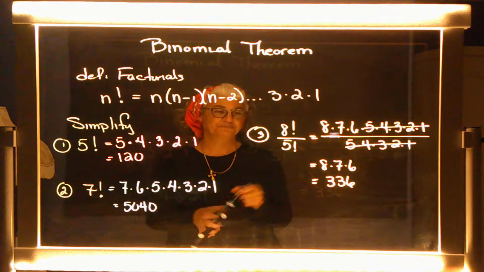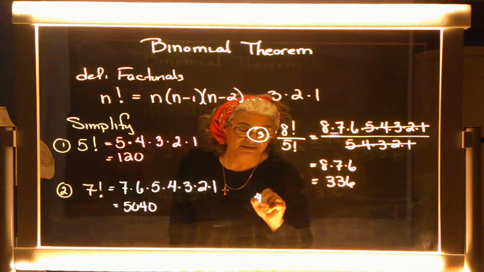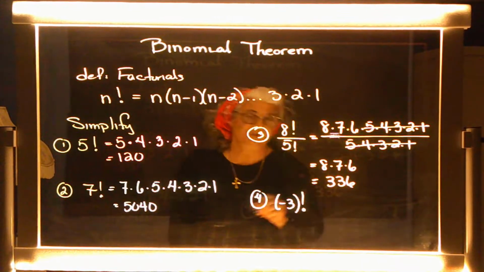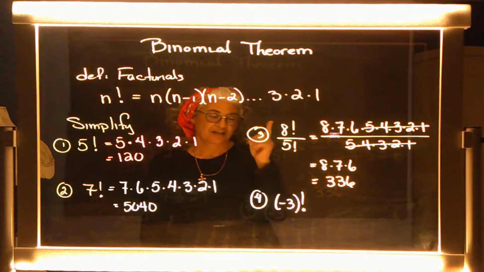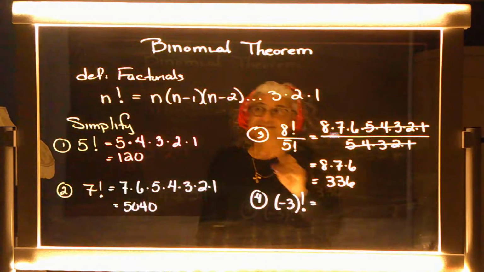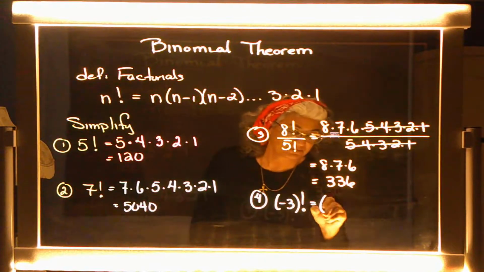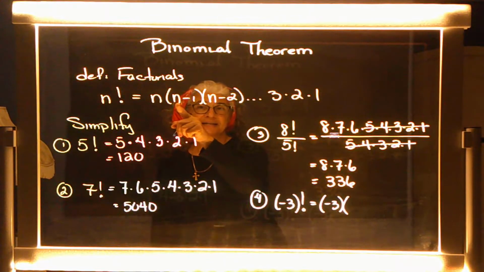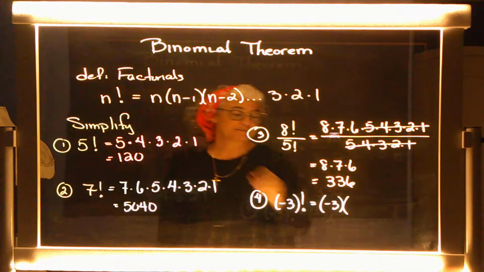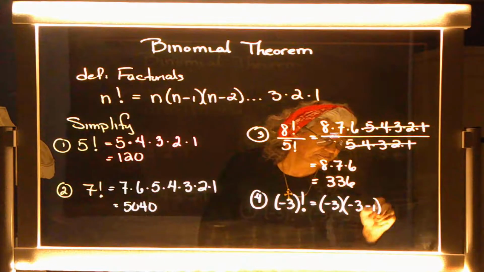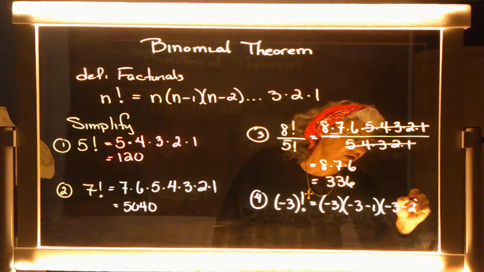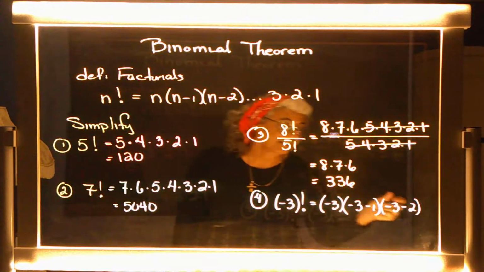Now, what happens if we said negative 3 factorial? Check it out. By definition, I would take negative 3 and then multiply it by negative 3 minus 1, wouldn't I? And then by negative 3 minus 2, right? All the way till I get to 1, right?